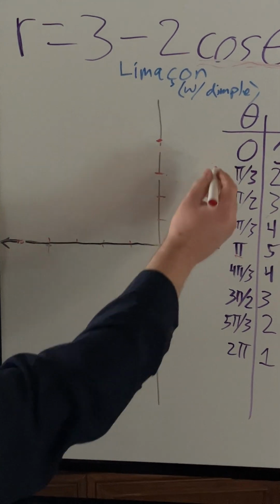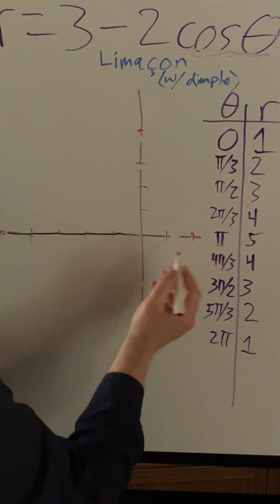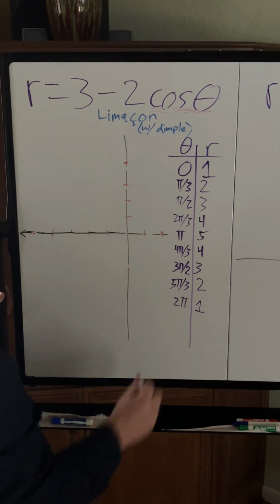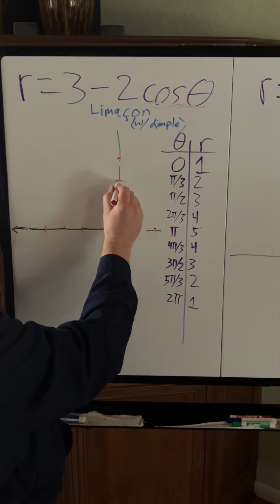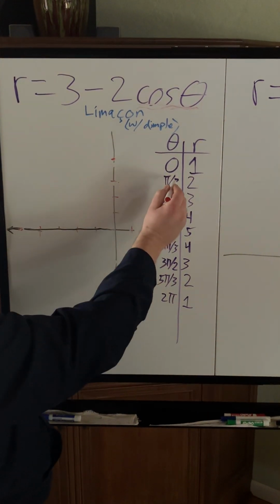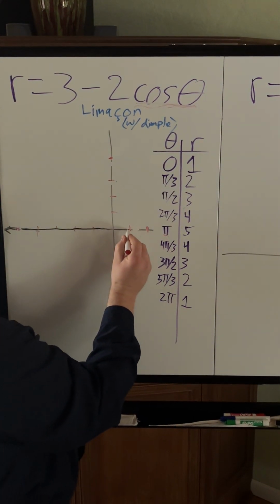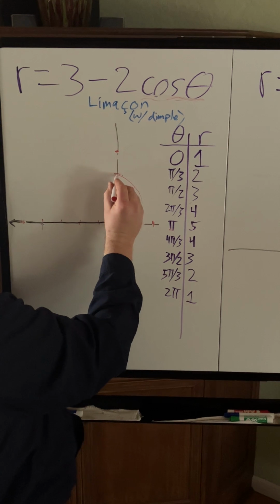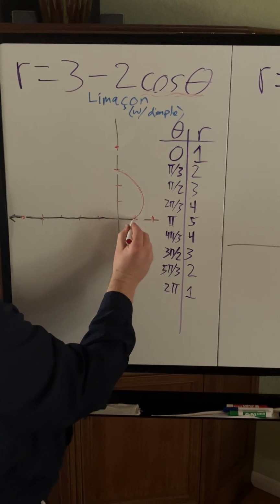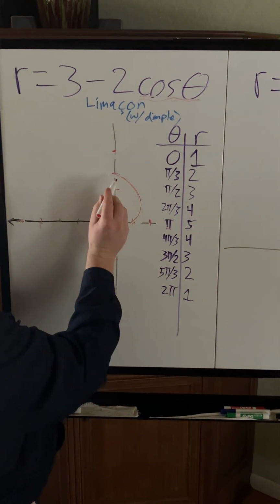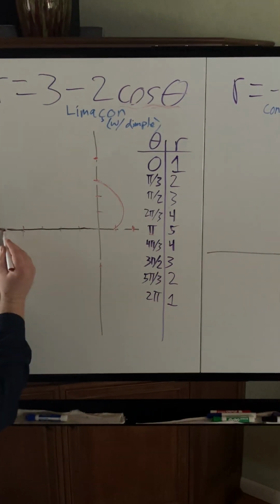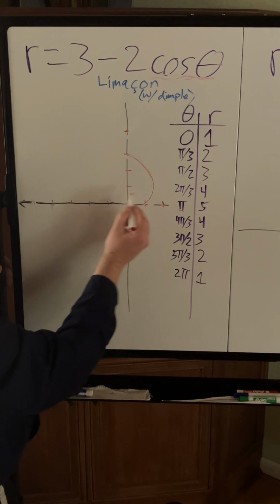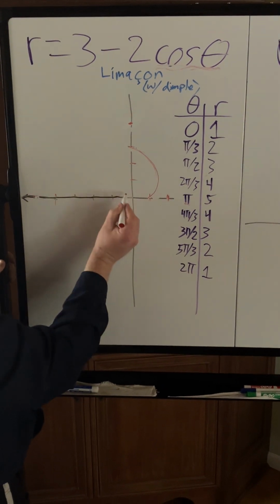Now, I'm going to sketch these points out. 0, 1 puts us here. We know at pi over 2, we're going to be up at 3. And at pi over 3, we're at 2. So that's going to end up looking something like this, right? Then as we move, we know we're going to go all the way out to here. But what's going to happen is at 2 pi over 3, we're at 4.